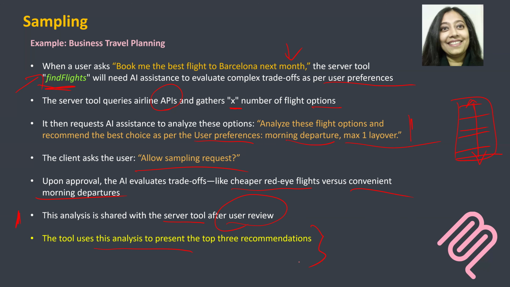And now it is telling, hey, can you do this analysis on my behalf and let me know? And then I will use your analysis to shortlist the top 3 recommendations. Of course, any sampling requests need user approval.